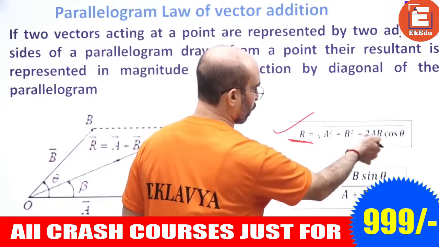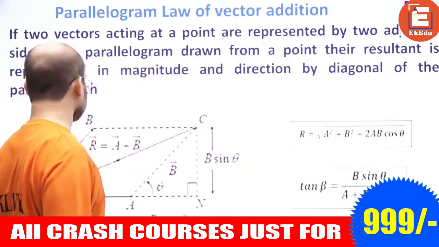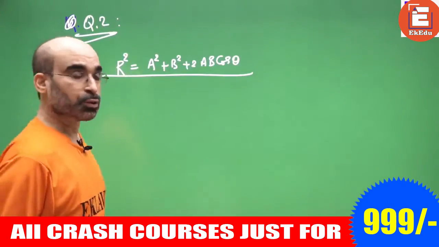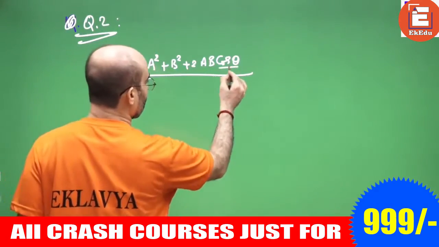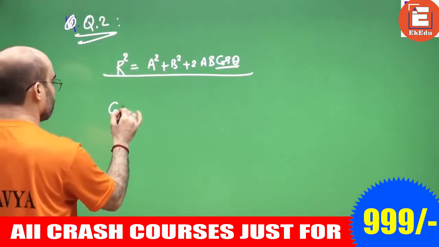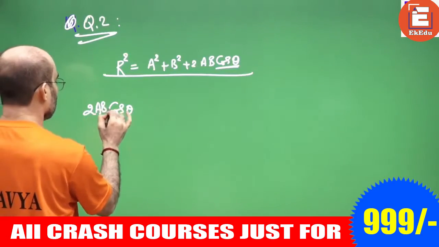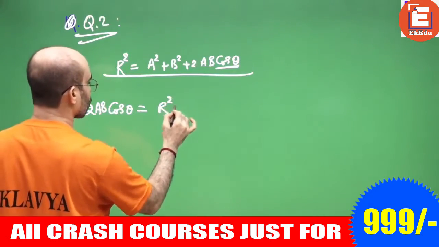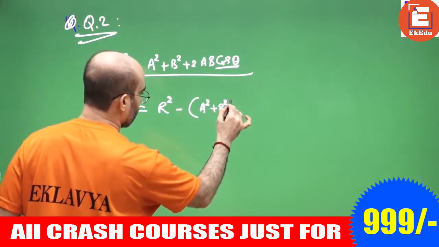This could be written as squaring both sides, then this will be written in this manner, right? So if we need to find out this cos theta, how we will get it? Let us do this. 2AB cos theta equals R square minus A square plus B square.